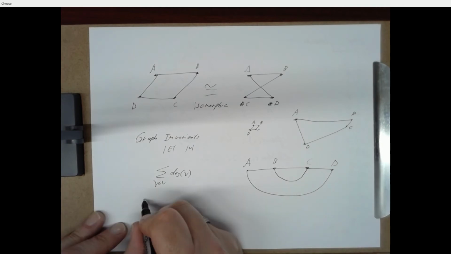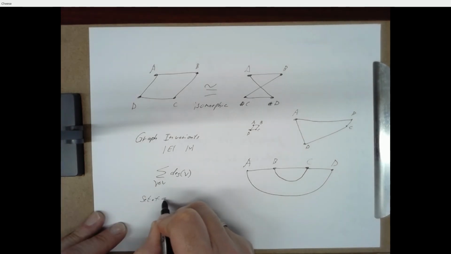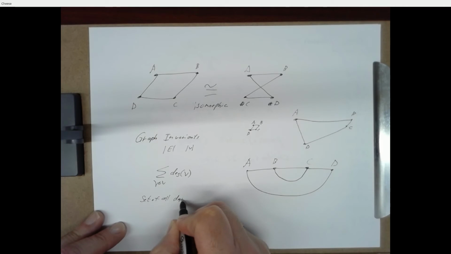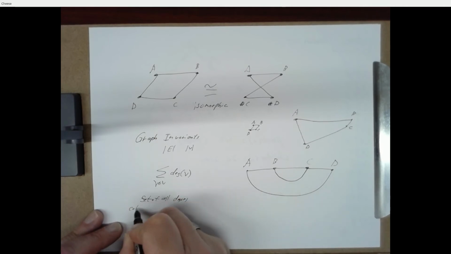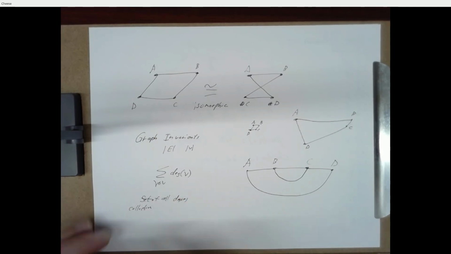So the set of all degrees, we call it the collection of all degrees, that's also an invariant. It's not a set because we might have the same number more than once. But if we take the collection of the degree of each vertex, that's going to be an invariant.